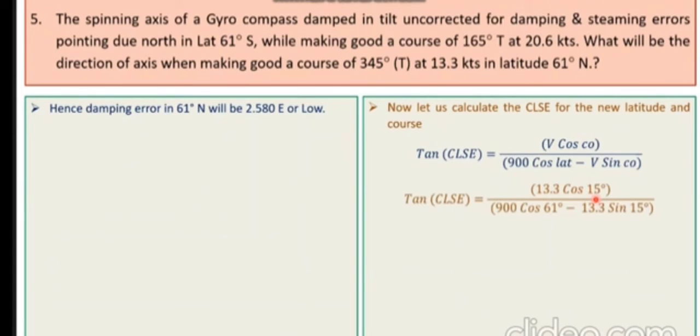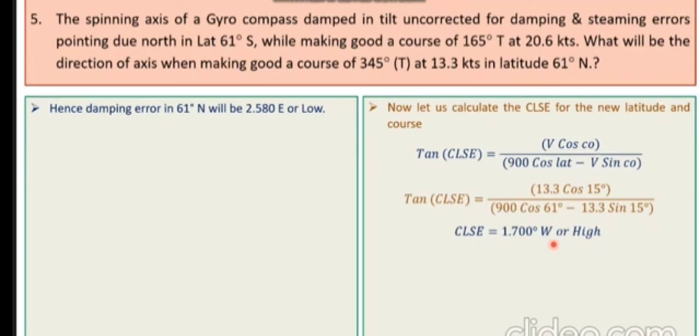Course is north 15 degrees west, so we use the value of 15 here. 900 cos of latitude 61 minus V sin C, V is 13.3, sin of course which is 15. Putting these values in the calculator gives us the steaming error as 1.7 degrees west or high.